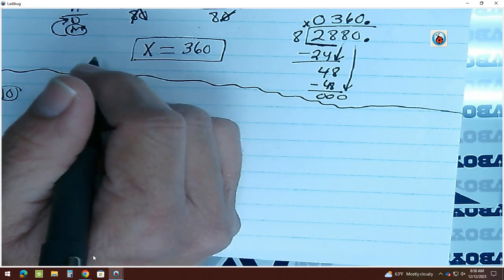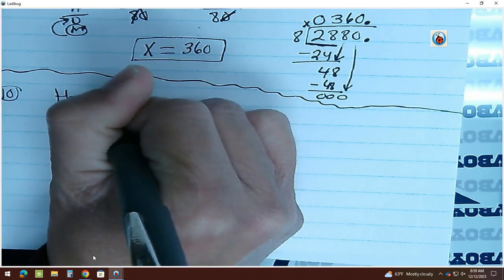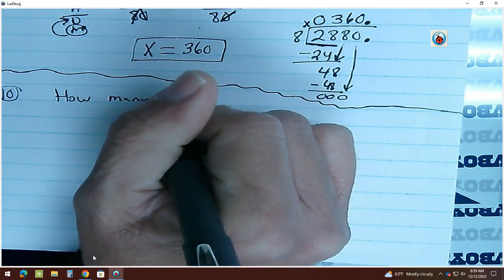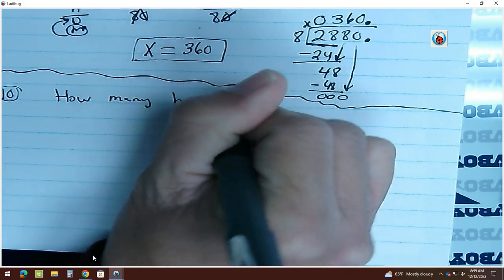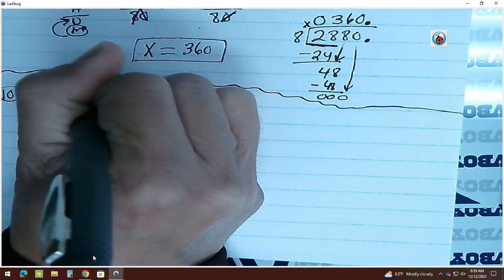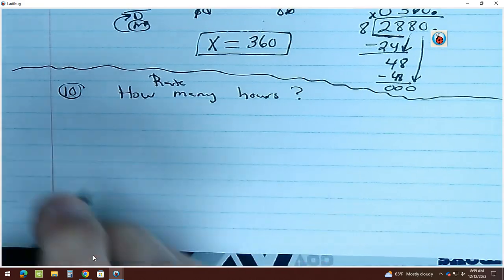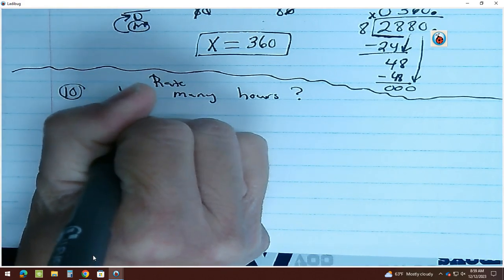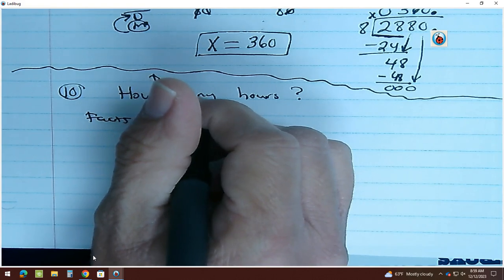That one. Okay, so this one wants to know how many what? Hours. And they mentioned the word rate in the question. Now the facts. The fact is that it rains 2 inches of rain in 5 hours.